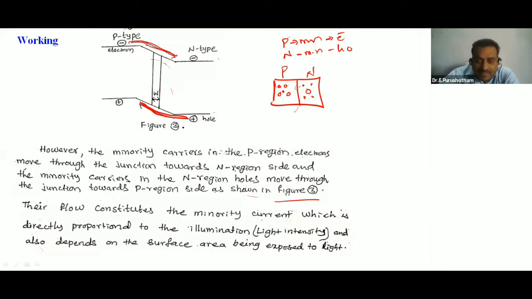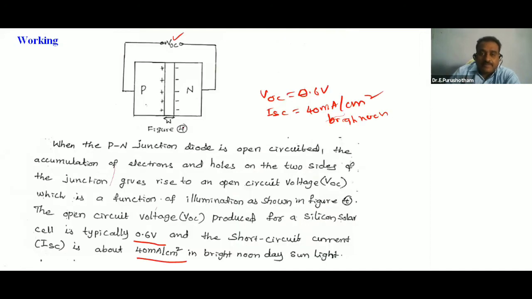After diffusing for some time, between p-type and n-type, at the junction, a strong barrier voltage is formed, that is the open circuit voltage, as shown in figure 4.